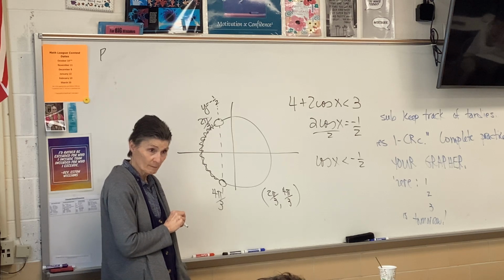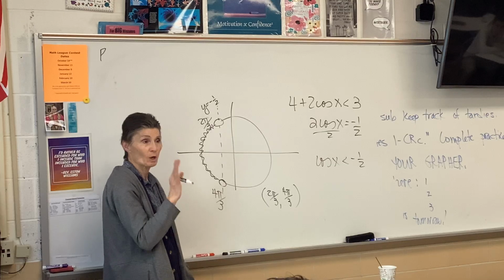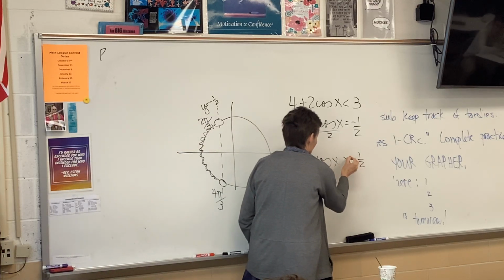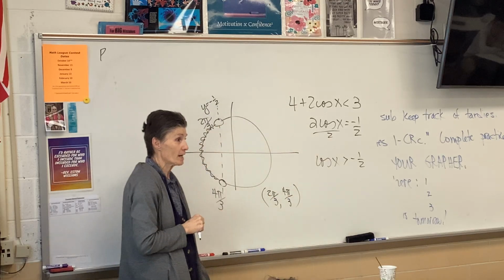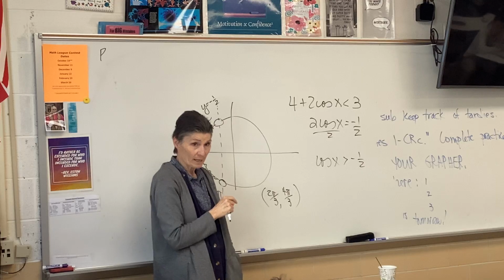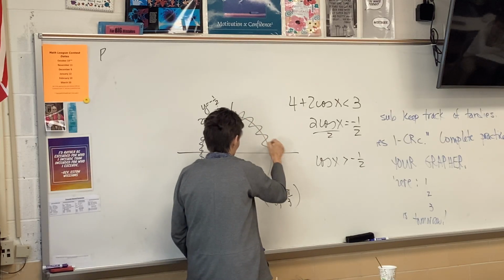Does that look okay to everybody? I want to caution you, because you just have to keep your eyes open. If this had been a greater than, absolutely nothing would change, except we'd be shading that way, right? Now, that would look like this.